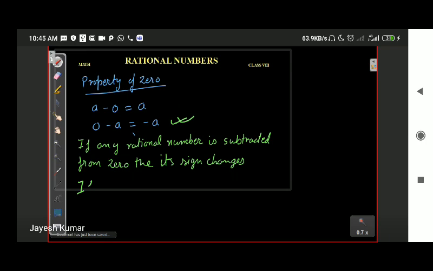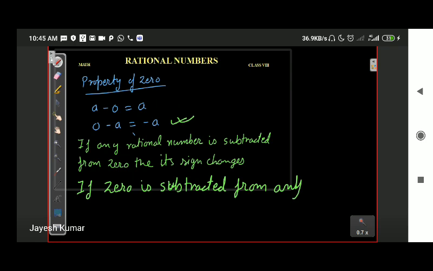If zero is subtracted from any rational number, then the answer remains the same.